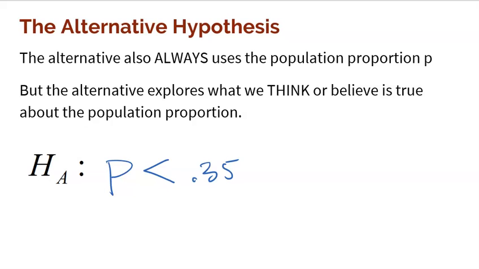Now, other problems might use a greater than sign. For example, the problem with the braces, I thought that the truth was greater than 40%. Other problems might even use a not equal to sign. In the problem about teenagers with anxiety, I just cared that it was something different than the 60% I read. So that's the process, right? The alternative is using something other than an equal sign based on what we believe to be true.